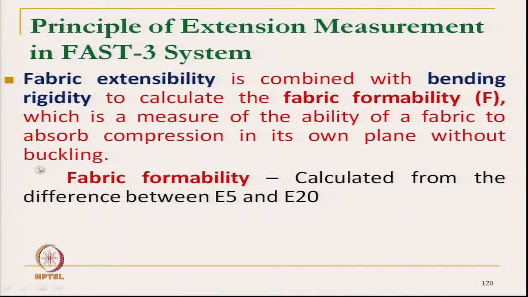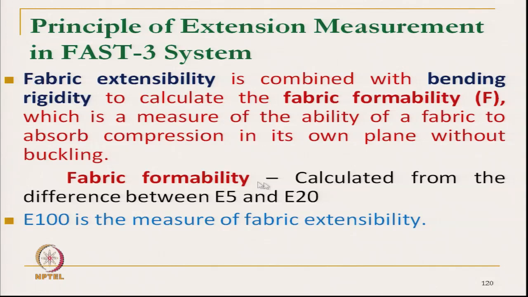So, formability is calculated from the difference between E5 and E20. So, these two parameters are used, and E100 is a measure of extensibility. But these 3 parameters we get from the extension meter.